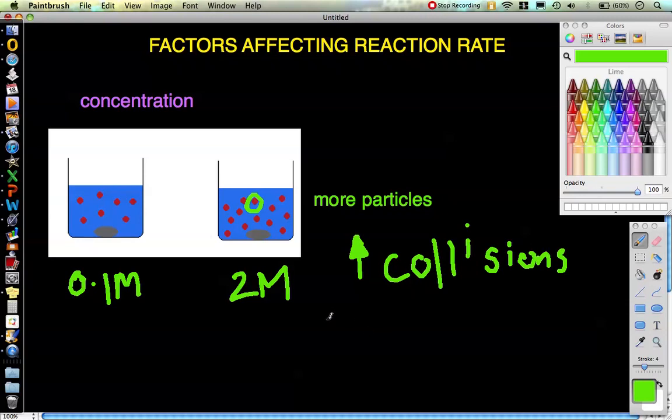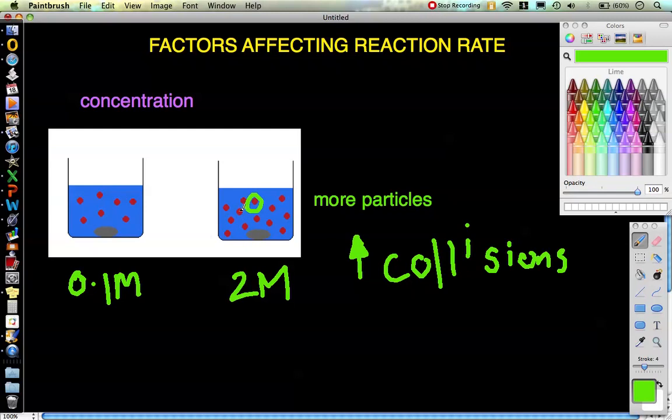Now that's not to say that all of the collisions in here will be favourable in terms of energy and orientation. But if you increase the number of those collisions that are occurring, then you will increase the rate of having favourable ones. And if you increase the rate of favourable collisions, then invariably you will increase reaction rate.